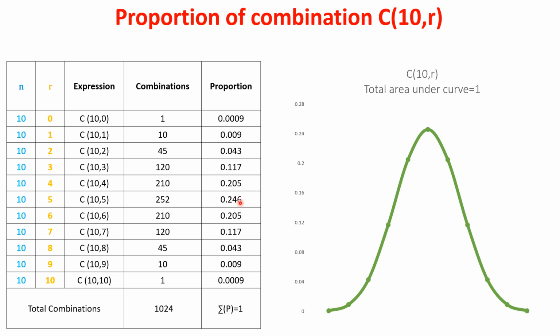Are you getting me? So, similarly, you can see probability of getting selected in the eight combination, rather eight group, is 4.3%. So this is a probability of getting selected into particular group. So these are the proportion. Now question is how it can be used for the normal distribution. So let us see.